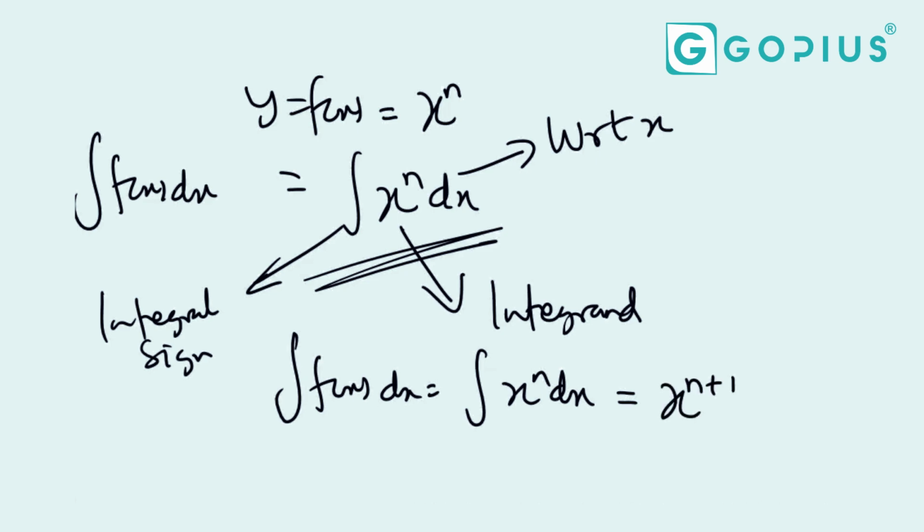So we have x raised to power n plus 1, divided by n plus 1, plus k, provided that n is not equal to minus 1. I will explain that. So this is how we are going to integrate: you always add 1 to the power of x and divide by that new power you have, that is after adding the 1. And you always introduce the constant. I'll tell you why the constant is necessary.